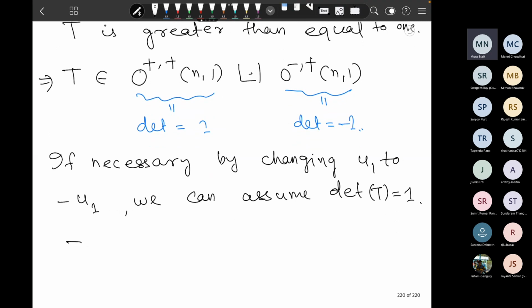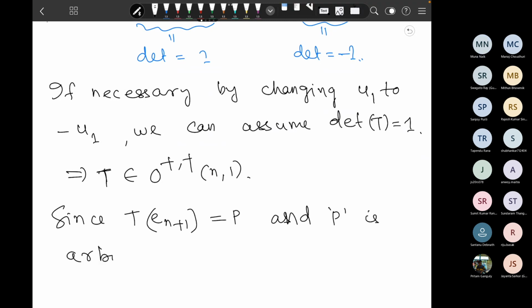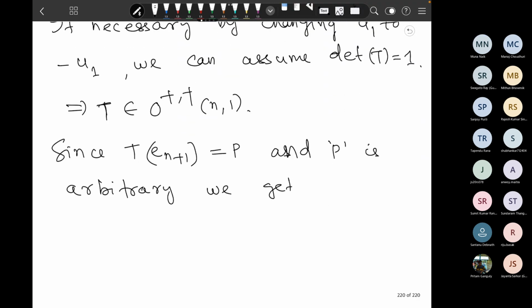So that implies that T belongs to O++(n,1). So what I am getting is, since T of en+1 is equal to p, and p is arbitrary, we get that O++(n,1) of en+1 is equal to Hn.